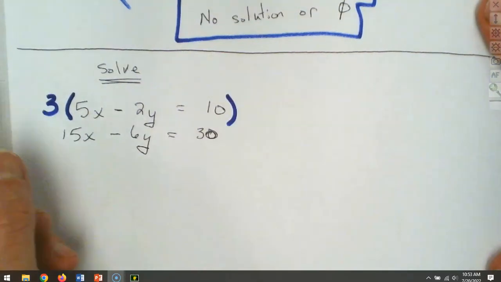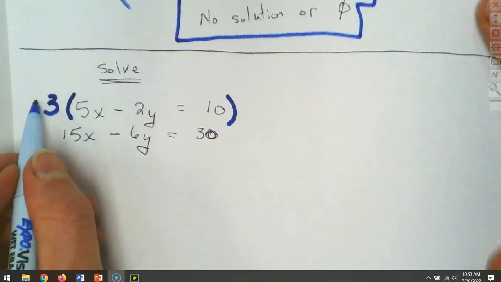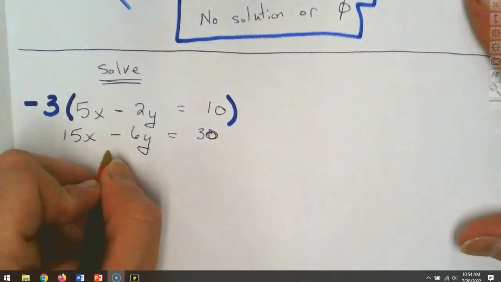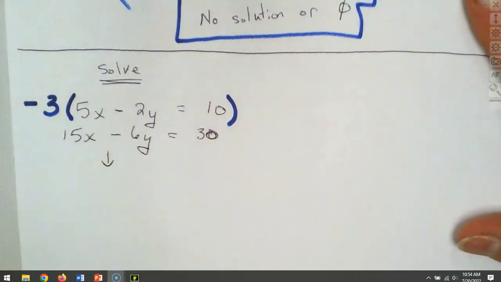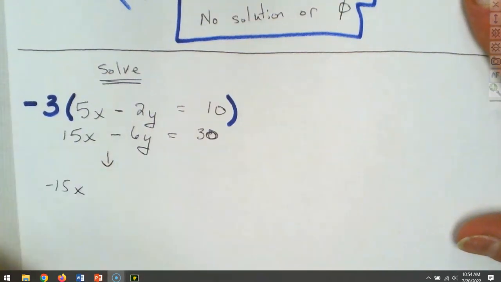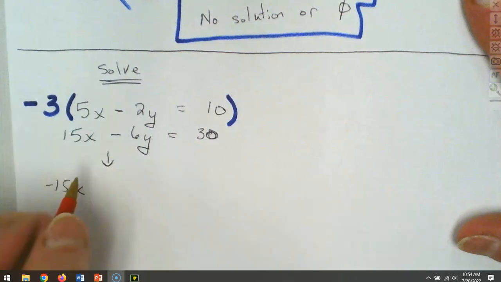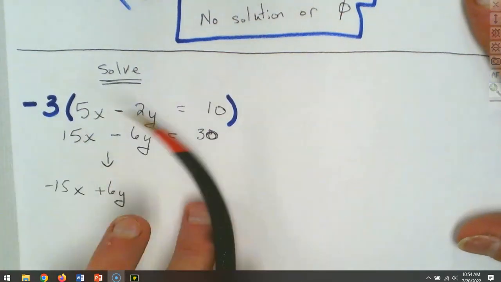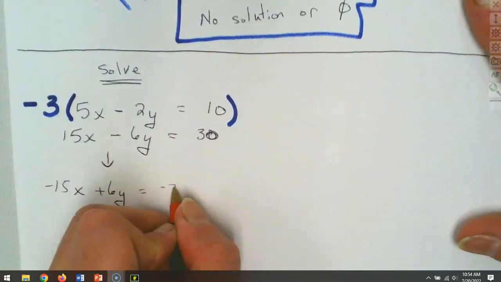But let's change our signs to make them cancel. So let's use a minus 3. So when I distribute that minus 3 through, I get a minus 15x. Negative and negative makes it a positive 6y. Negative and positive makes it a negative 30.